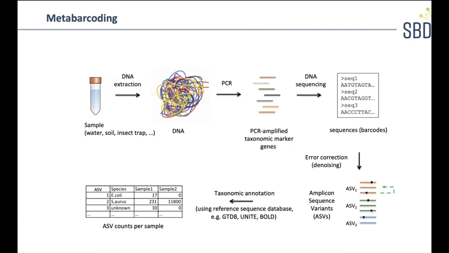Often we do this on many samples, so we get counts of the different ASVs in the different samples together with a taxonomic annotation of the ASVs. Then, of course, you can also aggregate this data at different taxonomic levels, so you can sum up all ASVs belonging to a genus, for example.